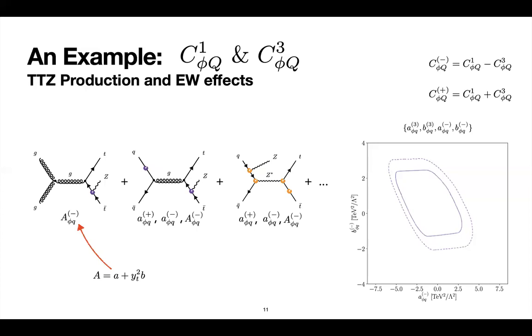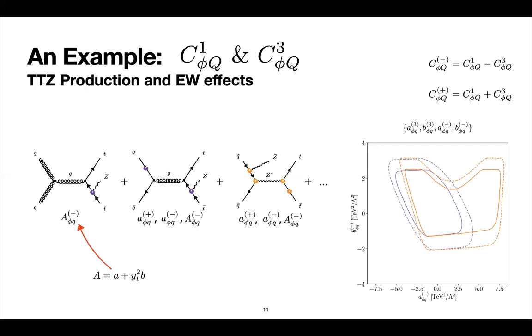And just by the multiplicity of the different possibilities here, we actually get quite a sizable contribution coming from the electroweak effects. And if you include them, you will see that you actually open up regions of parameter space that you previously believed to be unconstrained. So the takeaway message from here is that electroweak effects can, even in processes that already are QCD induced, be very important and have to be taken into account.